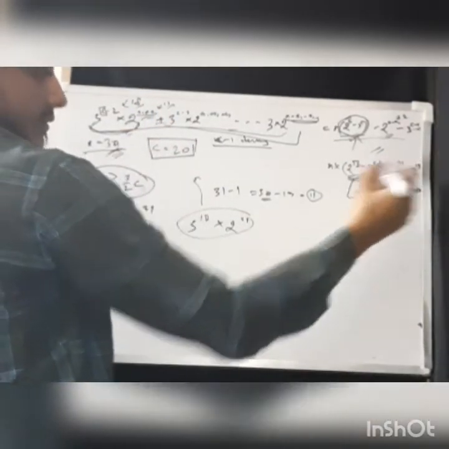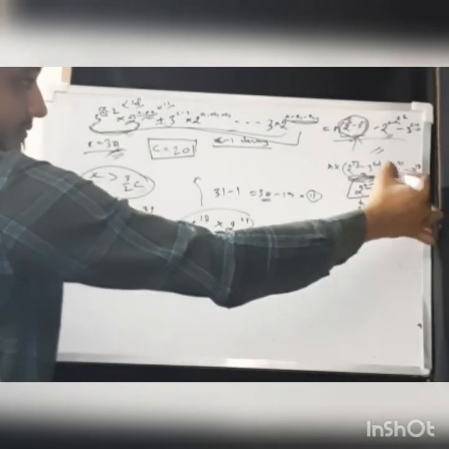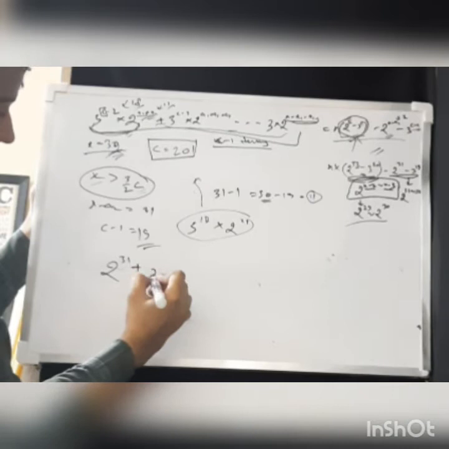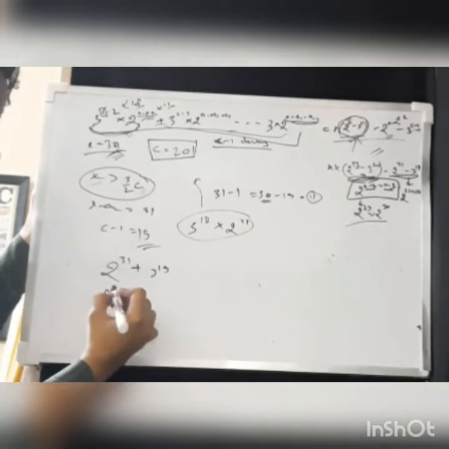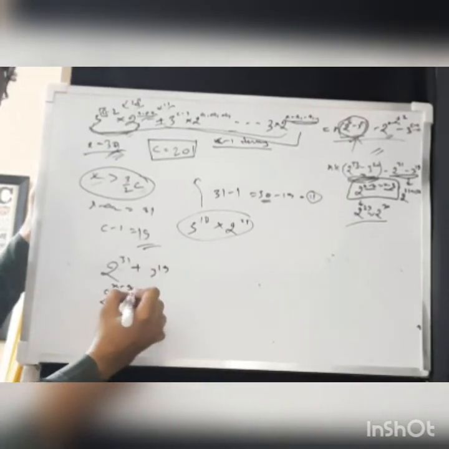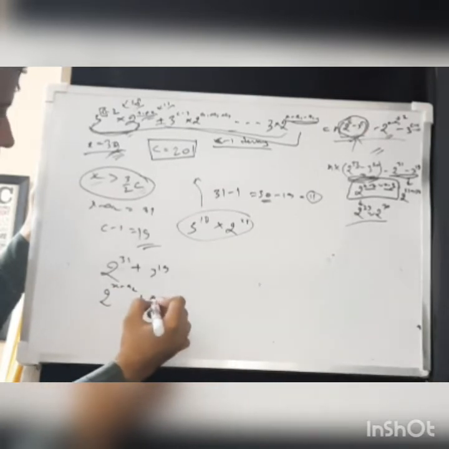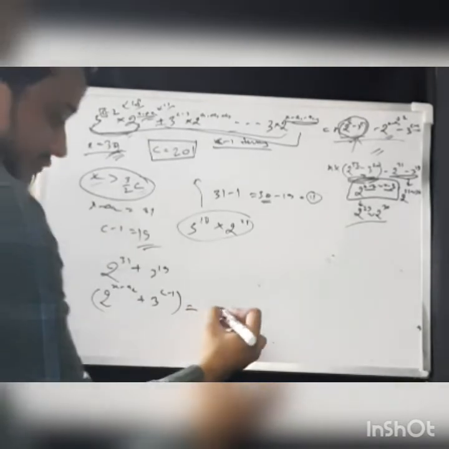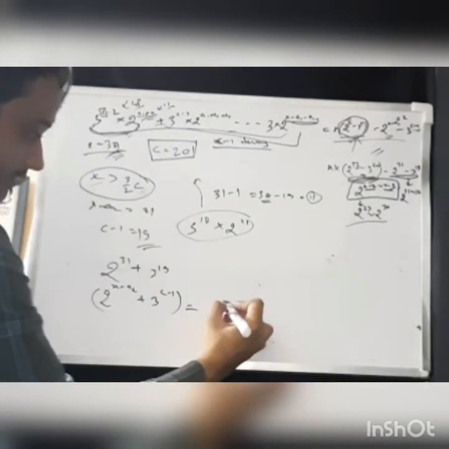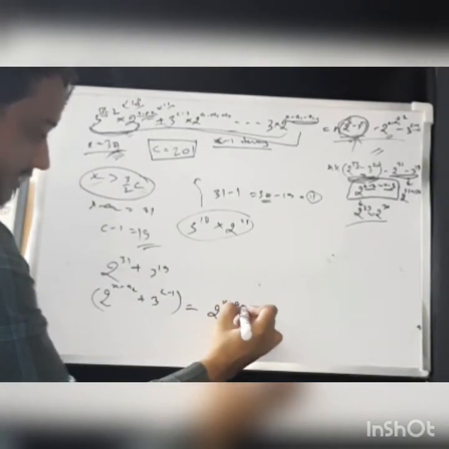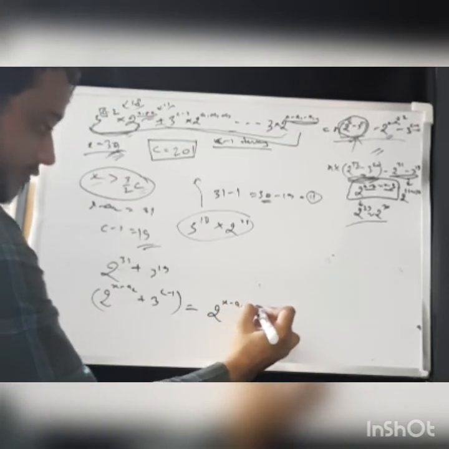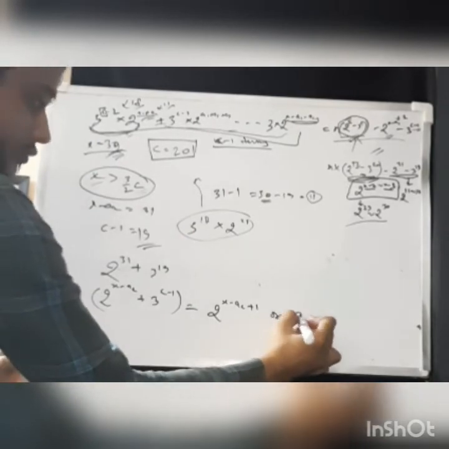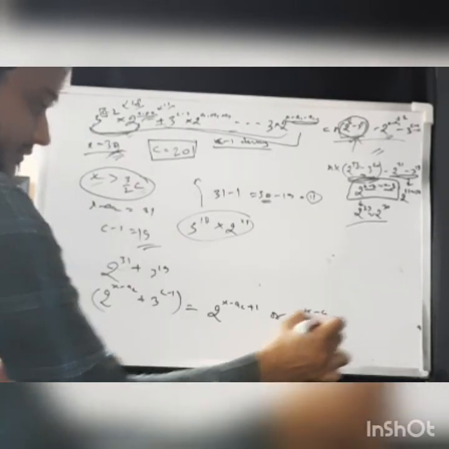In other words, this number, 2 to the power 31 plus 3 to the power 19, or 2 to the power x minus ac plus 3 to the power c minus 1, is nearly equal to 2 to the power x minus ac plus 1, or 2 to the power x minus ac.